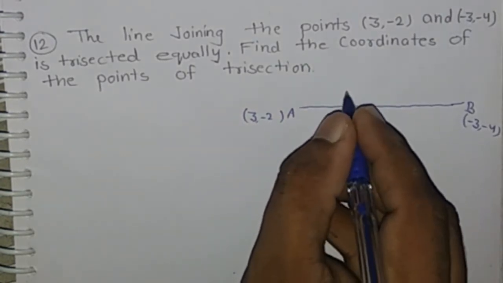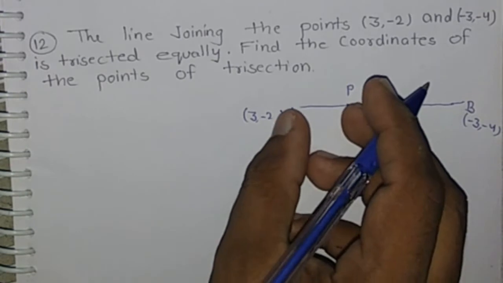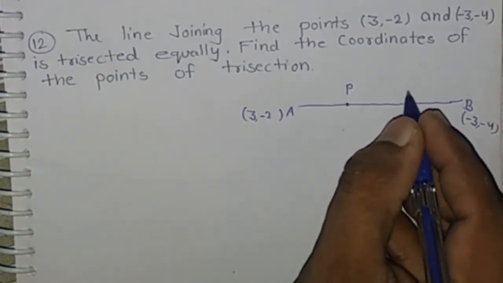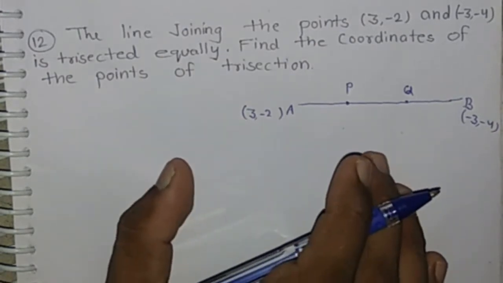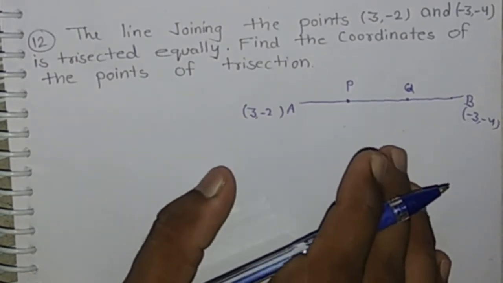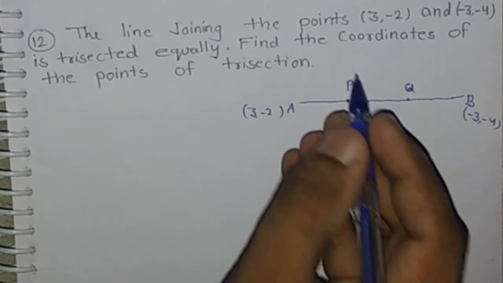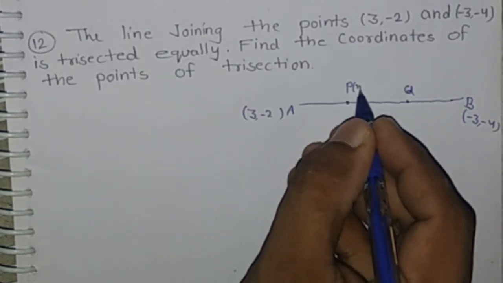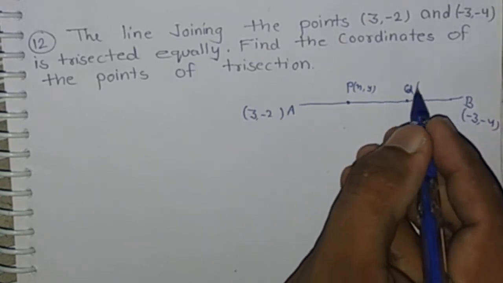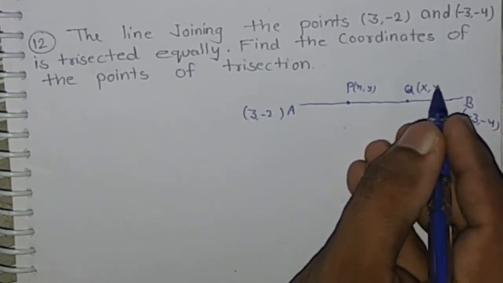Means it is point P, AP is equal to PQ is equal to BQ. All 3 parts are equal. Then we have to find the coordinates of the points of trisection. Means we have to find the value of x, y or capital X, capital Y.